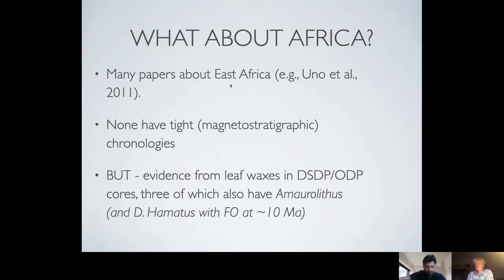However, there are some DSDP ODP cores off the coast of Africa which have Amaurolithus and have leaf waxes that have been analyzed. And they also have another fossil tie point called Discoaster hamatus, which has a first occurrence at about 10 million. So we have some constraints from these cores.